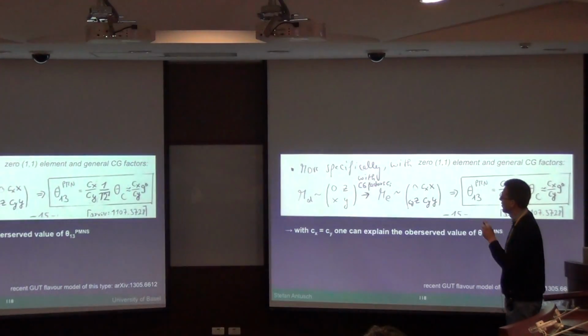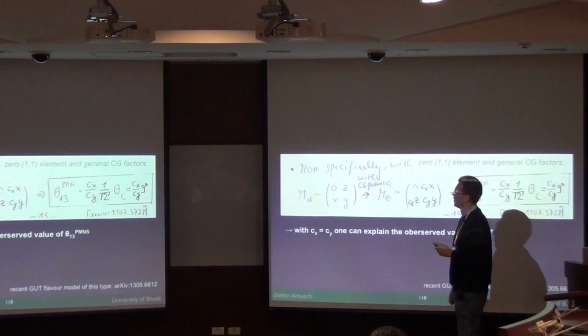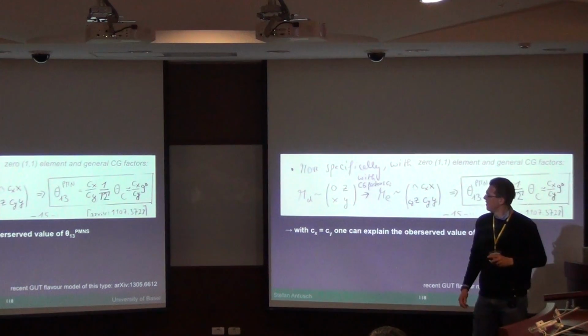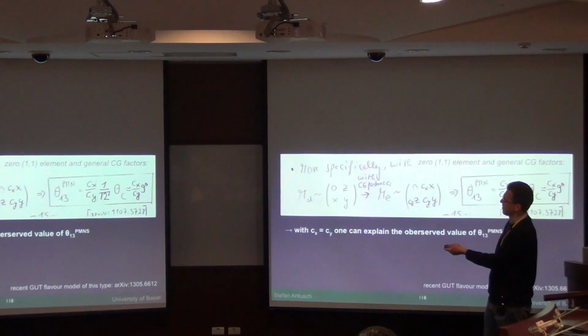Okay. Now more specifically about the size of θ13. Here, basically, you take some neutrino mass matrix of this form, where we have again a 0 in the 1,1 element, as we discussed at the beginning, which may be quite useful.